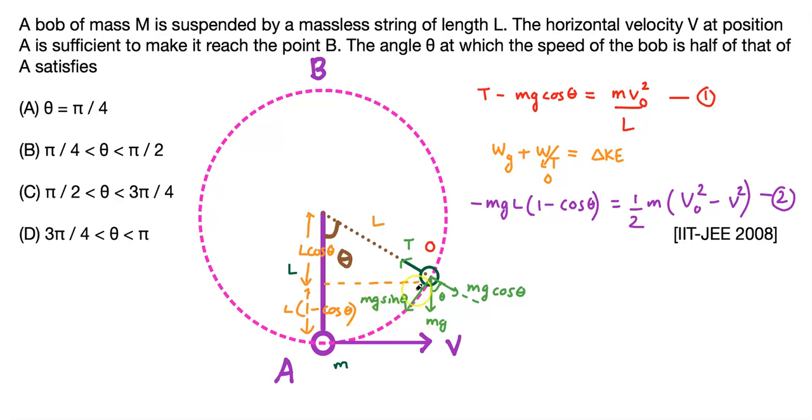So for those of you who are really attentive, mg sine theta provides the tangential acceleration, right? This was the radial acceleration, this was conservation of energy, but tangential acceleration is also something you can write down the equations for. But for those of you who are familiar, typically we assume the tangential force is only considered for simple harmonic motion, where sine theta can be approximated as theta, and where you can actually solve the differential equation easily.